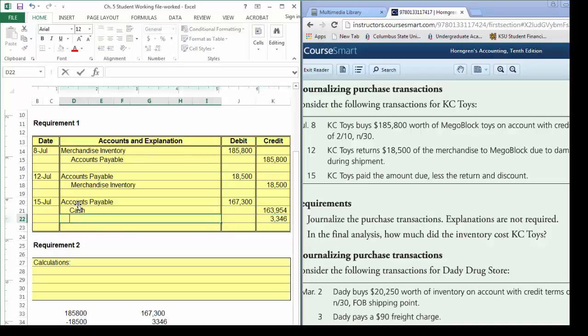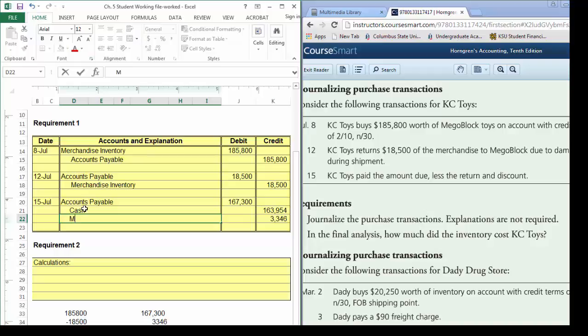Now, if you remember when we talked in earlier chapters, when we purchase inventory, we want it on our books at cost. Anytime we make purchases, what we want on our books is the cost of our items. Since right now what's in our inventory account is the $167,300, the same amount that we owe for the merchandise, and we're not paying all of that, we're only paying $163,954.